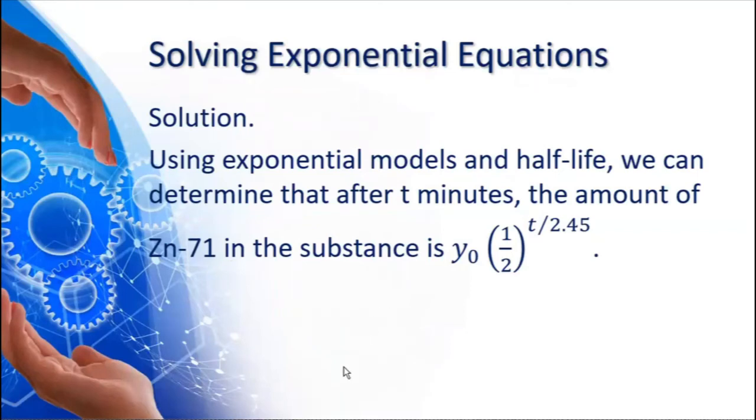So, ito ngayon nakikita nyo, ito yung ating magiging model. So, yung model na to ay nakuha rin natin based on sa ating information. So, since it is half-life, so kaya ang base natin ay 1/2. Then, meron tayong constant na y sub 0 at yung given time per 2.45 minutes. Yun ang kanyang magiging exponent.